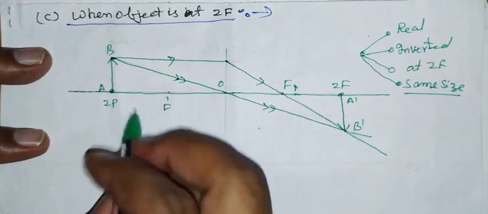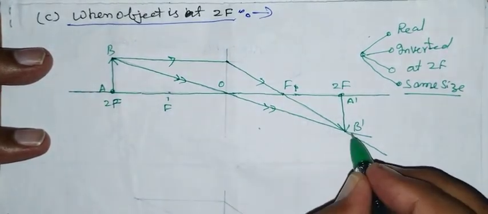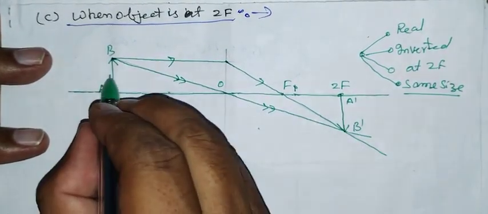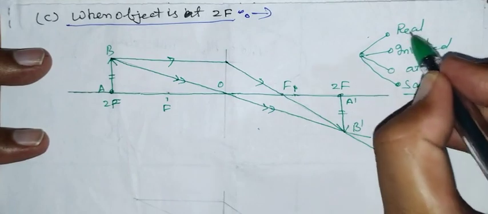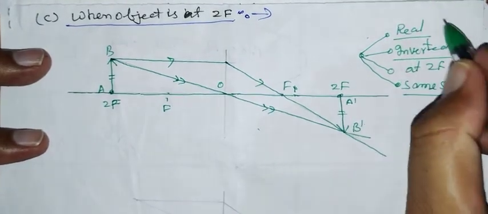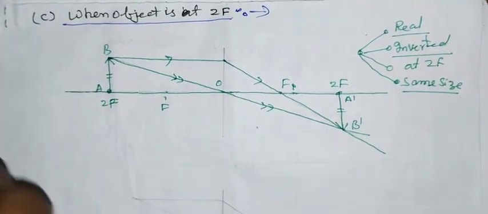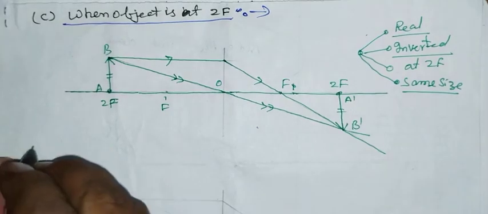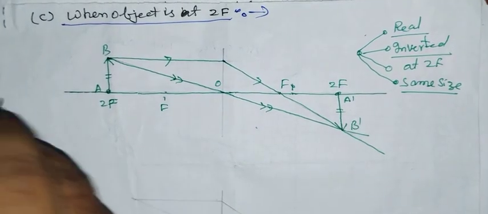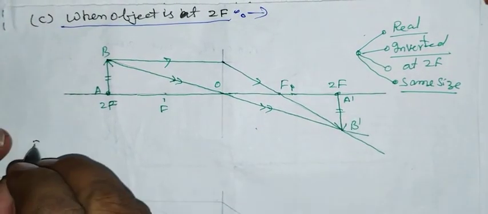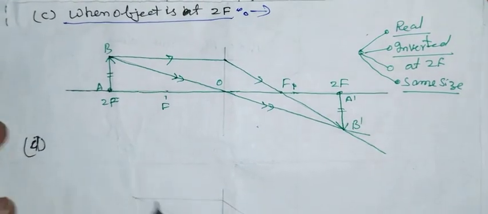So object is at 2f, image is at 2f, same size, real, inverted. This is the characteristic. Now we are going to see the fourth case, D.